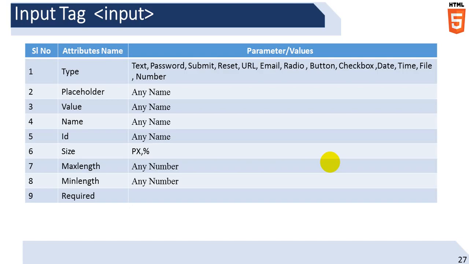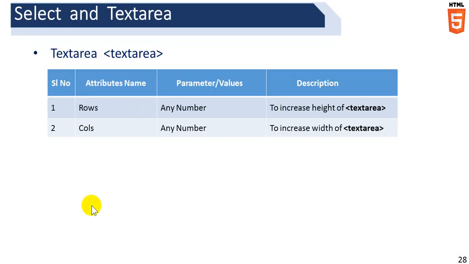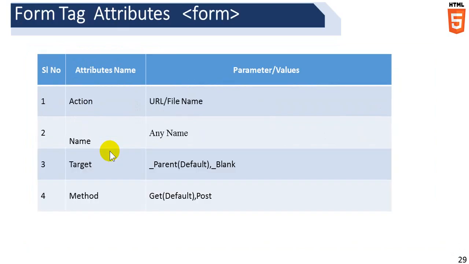Here we have all the input types: password, submit, reset, URL, as well as all the other attributes of the input tag. And here we have text area, where we learned rows and columns also. These are the form tag attributes: action, name, method, and the target attribute, which we learned in the anchor tag section. You go through this.